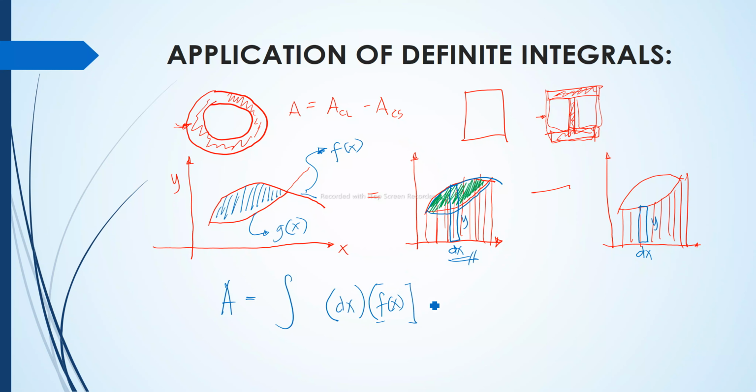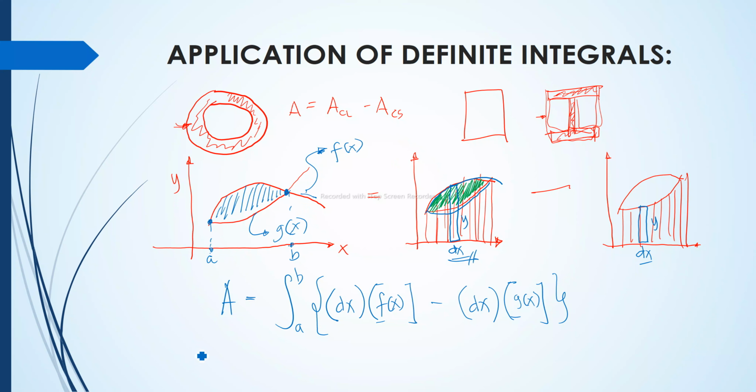Minus the other one, this one. So that is dx times g of x from A to B. The A and B are our lower and upper limits respectively. This is A, and here on this side, this is B. This is the point of intersection between the two curves.